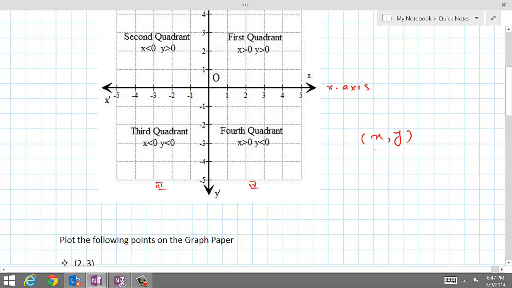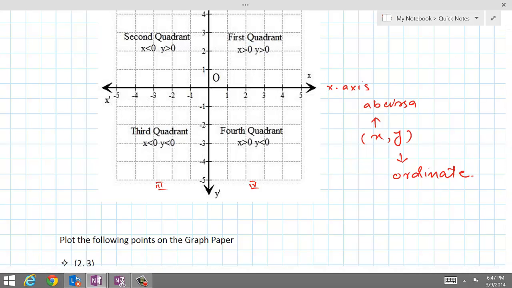The first part of this pair is abscissa, and the second part is called ordinate. In Cartesian coordinate plane, abscissa determines the horizontal movements.